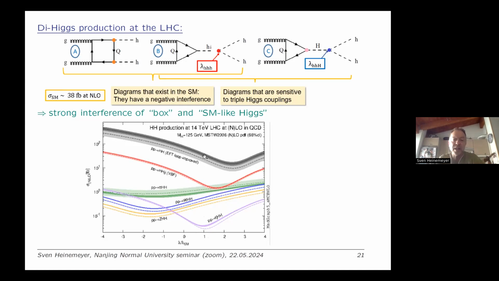And if we make kappa lambda larger, the cross-section goes down because the interference between these two diagrams is destructive, as I said. And only at very large values, 3, 4 or so, it goes up again, and then the cross-section grows. This is what happens in standard model-like cases with varying kappa lambda at the high luminosity LHC.